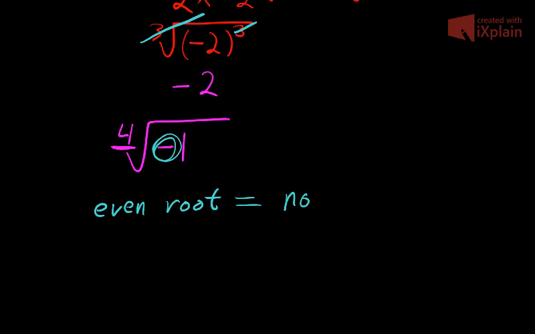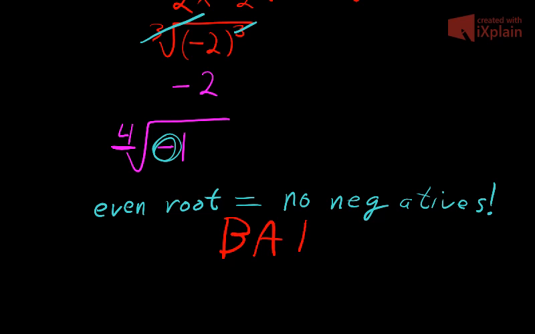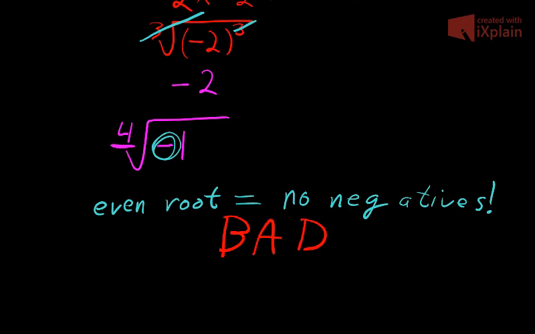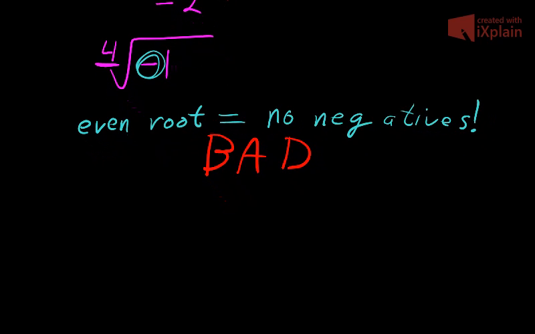That's like dividing by 0, and that is very, very bad. If we have any negatives inside an even root, we say that that is undefined. Our answer is undefined, or we can say there is no solution.